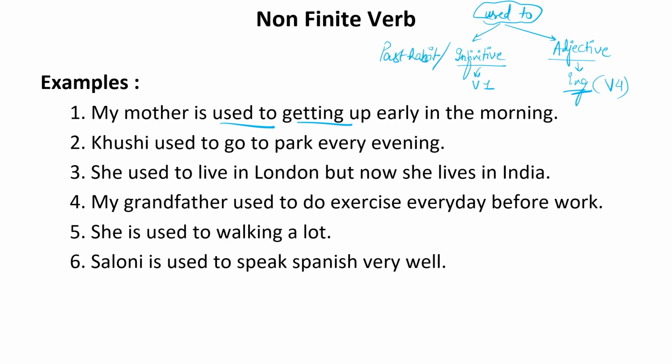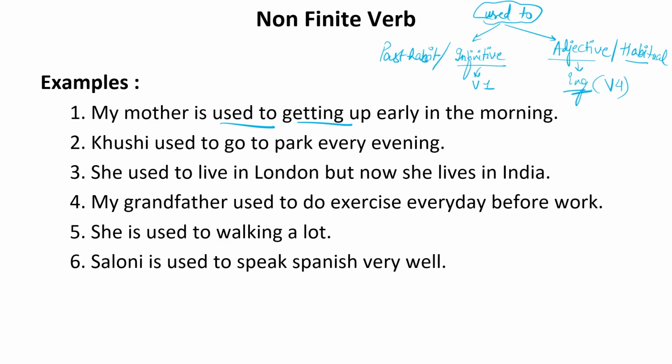But when it is used as an adjective, it shows someone being habitual of something. When we say our grandfather used to stay there, we are talking about past actions that were done before a particular time in the past. Those were habits.